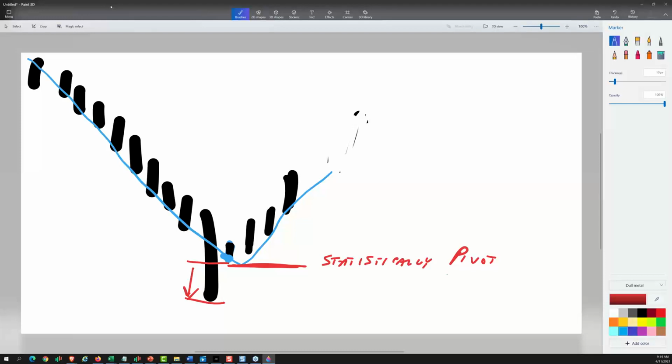But people that are not using regression lines are saying, well, they're going to wait and see a new low, and they're going to wait for the bottom of this last price bar. There may not have been a lot of volume. So this was pretty low volume in here, most likely.